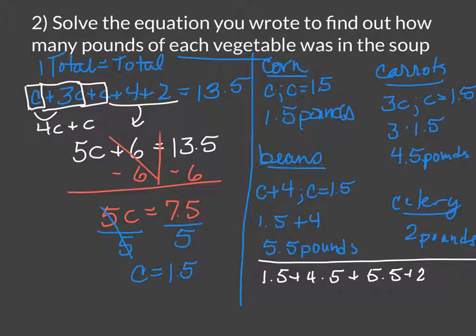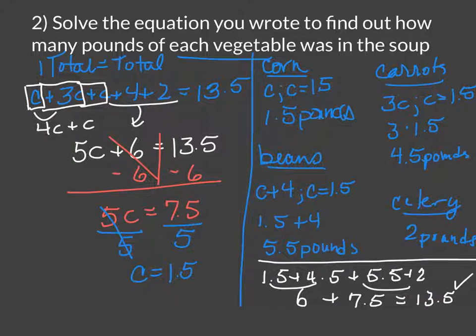So 1.5 plus 4.5, well, 1 plus 4 is 5, 1/2 plus 1/2 is 1 more, so that's 6. Now remember, I can use one of my properties here because all I have is addition. 5.5 plus 2 is 7.5. And 6 plus 7.5 certainly is 13.5. That's what we wanted. I guess we've been successful.